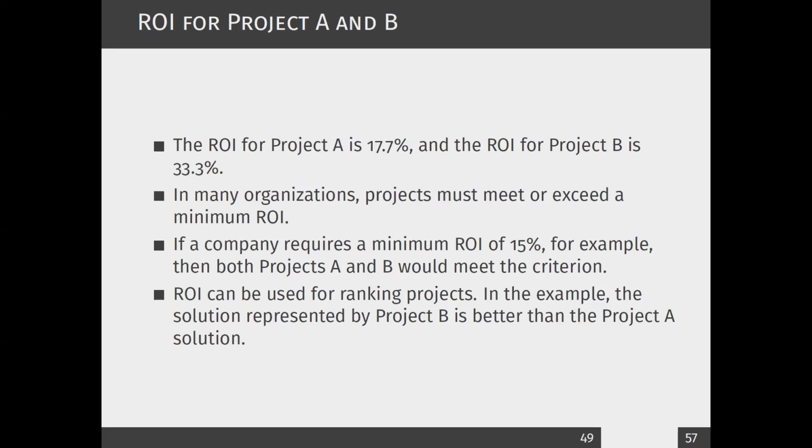In this case it's obvious that project B has a higher ROI and is better than project A. So when you want to rank projects, we can also use ROI and rank them based on the ROI value. So this is our second example.